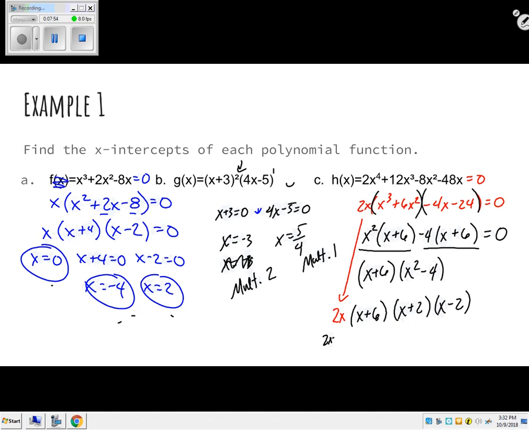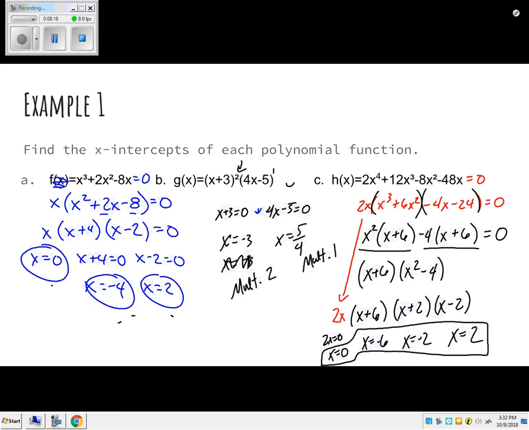So if I set each one of these equal to 0, I get x equals 0. Subtract 6, I get x equals -6. Subtract 2, I get x equals -2. And x equals positive 2. So this big old bulky equation right here would touch my x-axis 4 times.